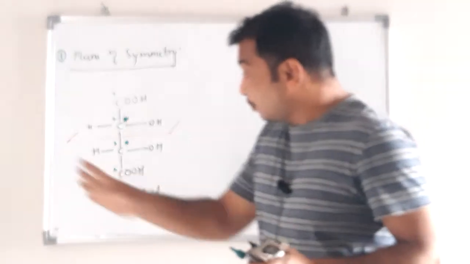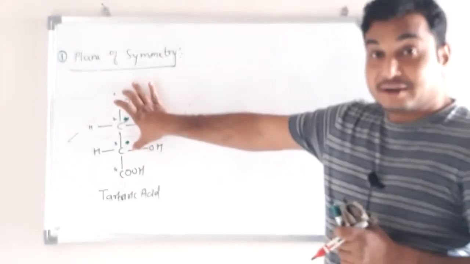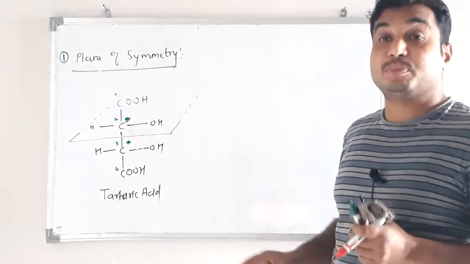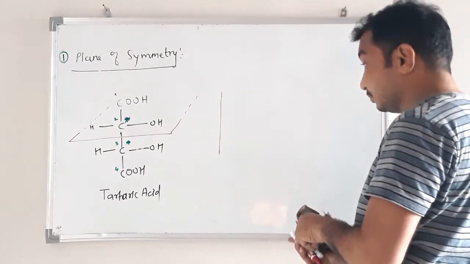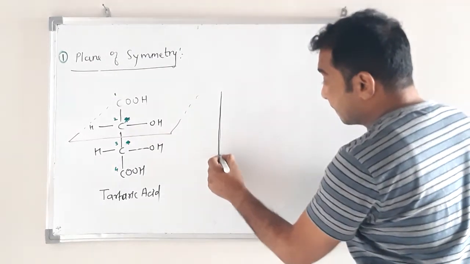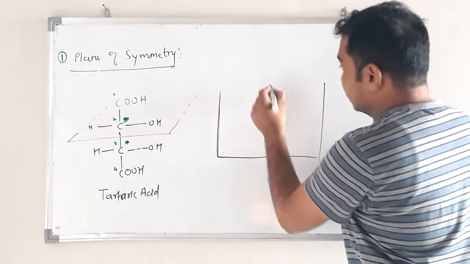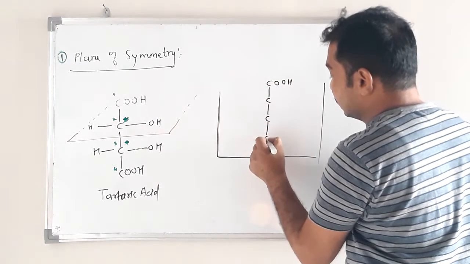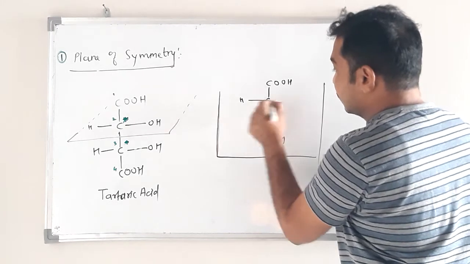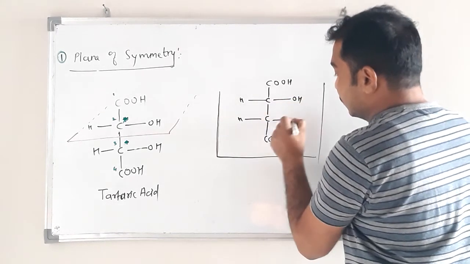What happens if we pass plane polarized light through the solution of this molecule, tartaric acid? Here, with two asymmetric carbon atoms, the upper part rotates the plane of PPL toward the right side. Suppose we consider H, OH, H, OH.